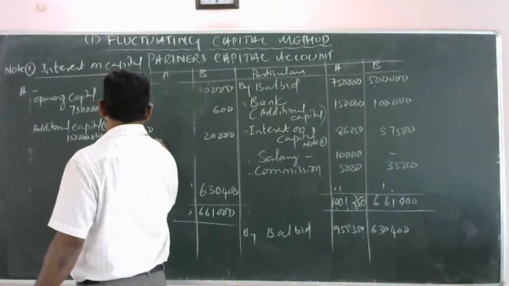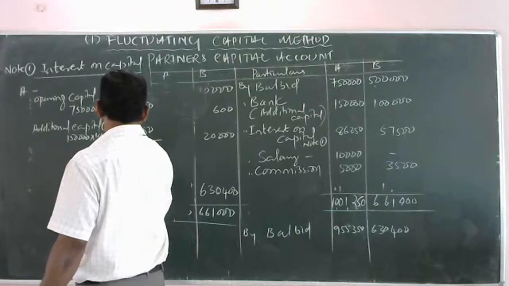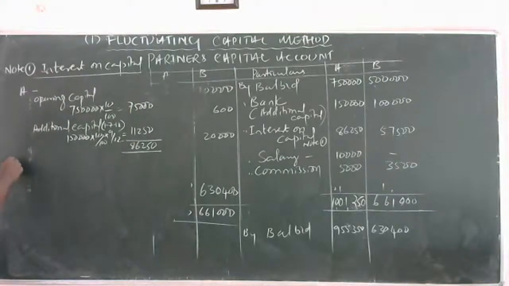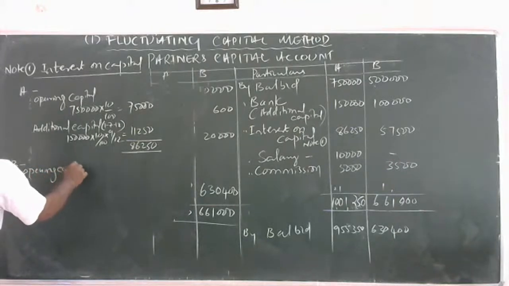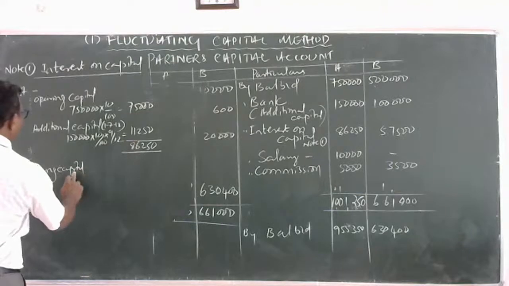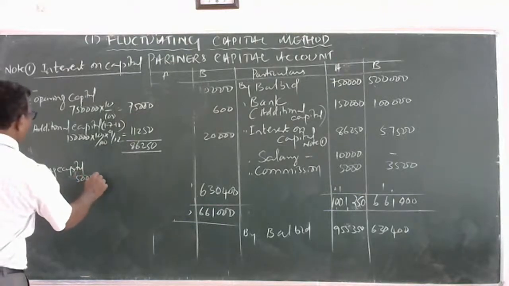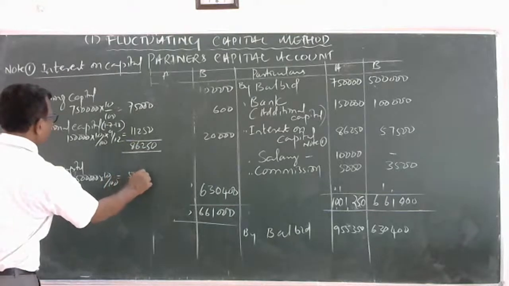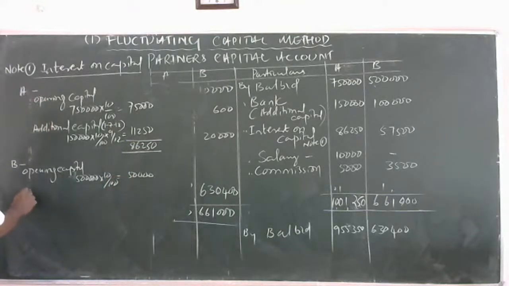So total interest on capital of A is 86,250, and B's opening capital is 5 lakh. On 5 lakh, 10% for full year 50,000. Yes, B's additional capital.